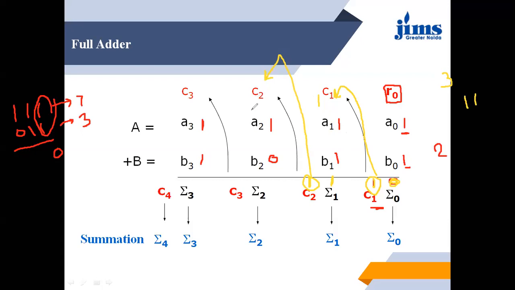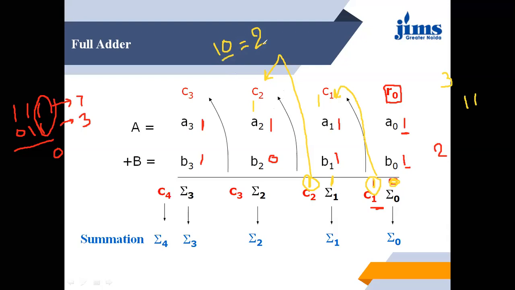So here it will be 1, that's the carry of the last bit, and 1 and 1 is 10 in binary, or we can say 1 plus 1 equals 2, that we can represent as 1 and 0 in binary.